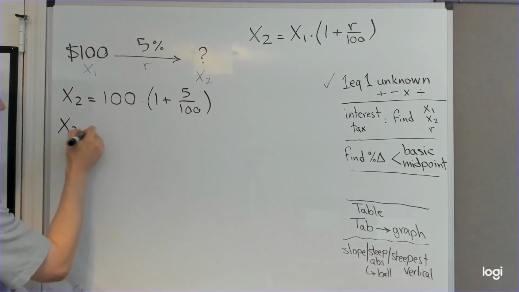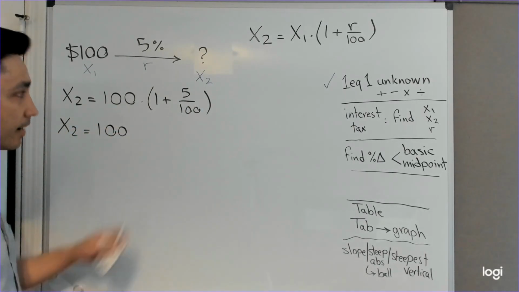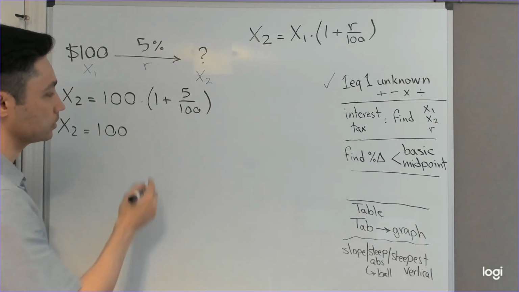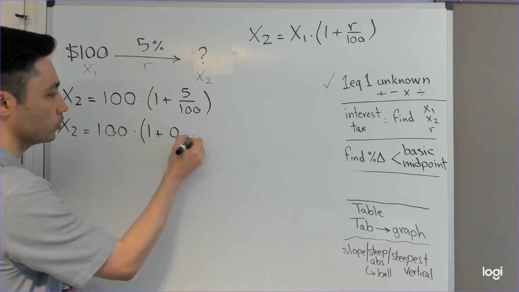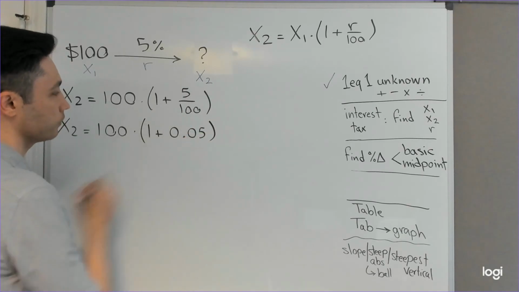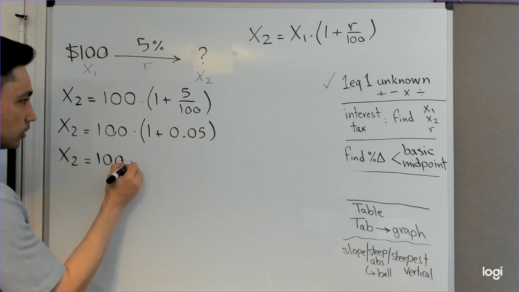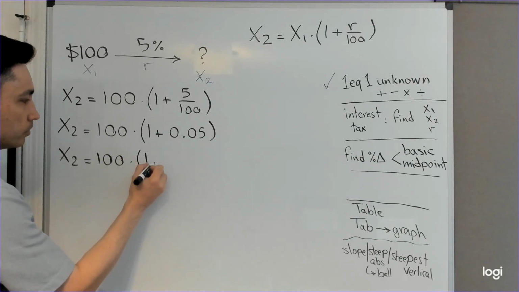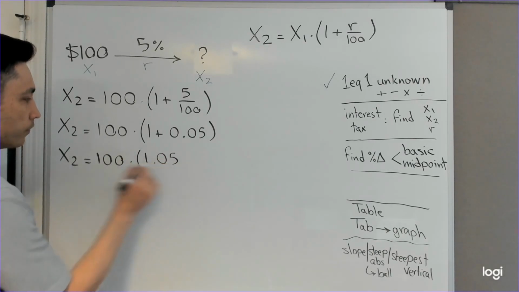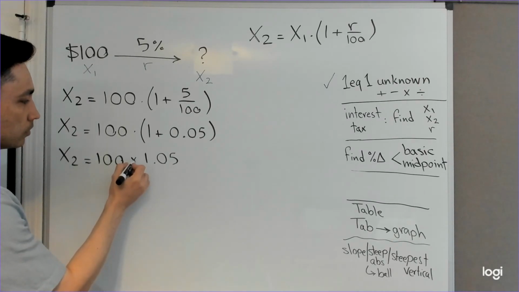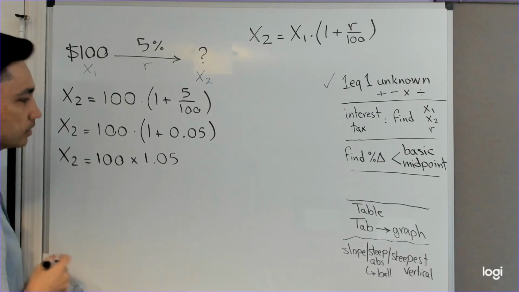We have to simplify the parentheses. 1 plus 5 over 100 is 1 plus 0.05. And of course, 1 plus 0.05 is just 1.05. So you have 100 times 1.05.